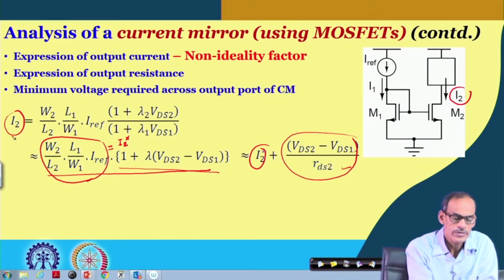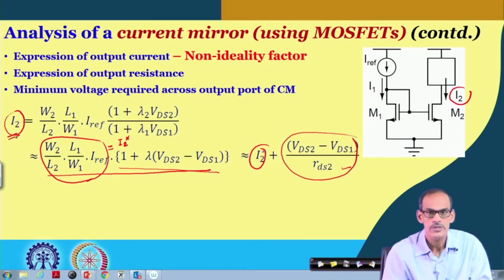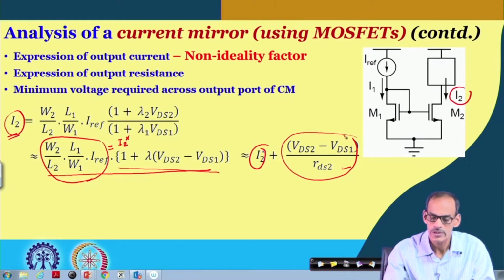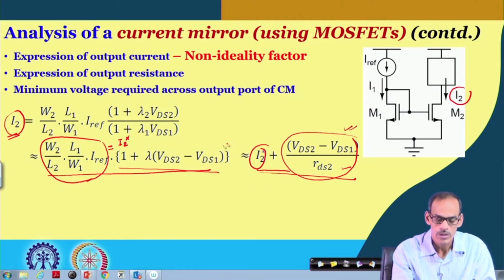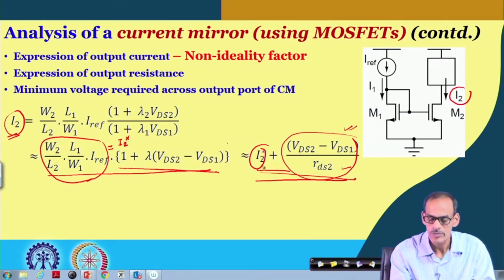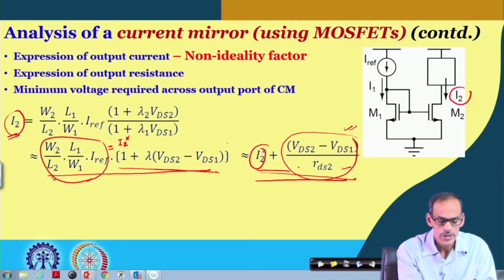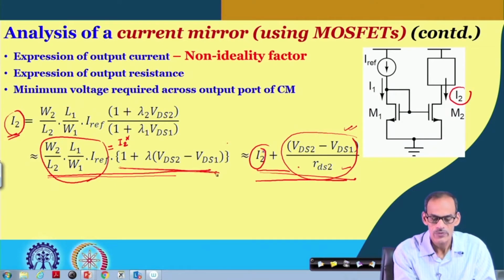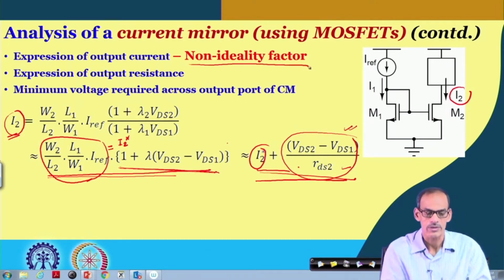So, the expression of this current, based on our situation, we may consider either the whole expression, or it may be in this form. In this form we have the nominal current plus the additional current, whereas in this form we have the nominal current multiplied by a factor which is referred to as the non-ideality factor.